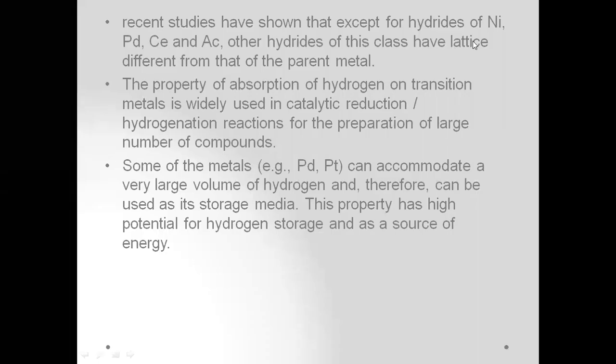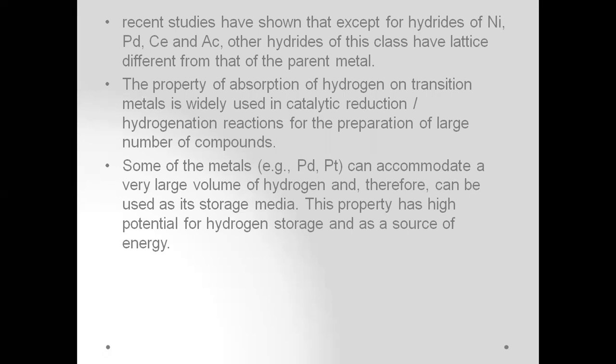Recent studies have shown that, except for the hydrides of nickel, cerium, arsenic, and other hydrides in their class, their lattice differs from that of their parent metal. Parent metals have their own lattice, but the hydrides show a different lattice. The property of absorption of hydrogen on transition metals is widely used in catalytic reduction and hydrogenation reactions for the preparation of a large number of compounds.